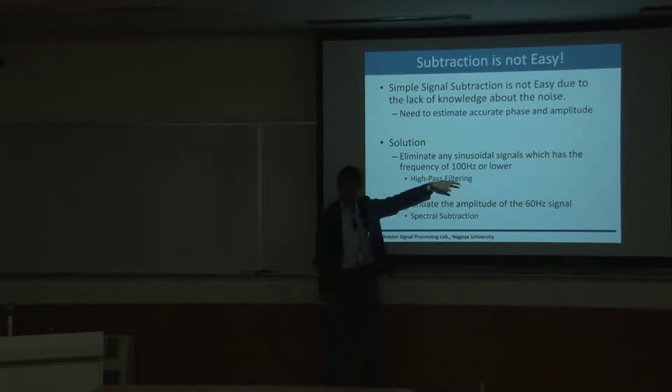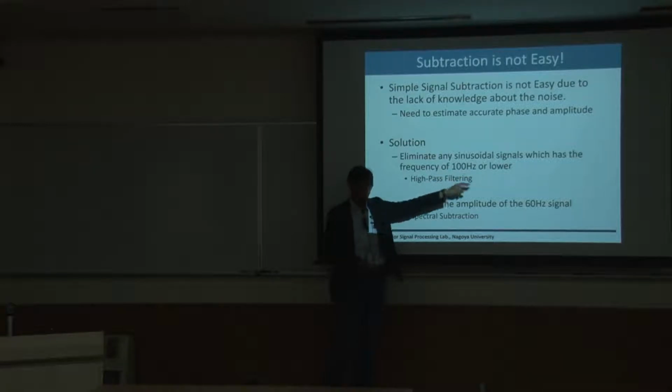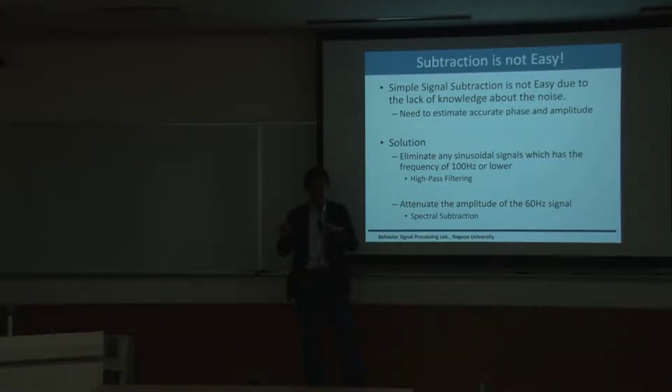For instance, for the power supply noise case, 100 Hertz. So you lose the information of the signal in this very low frequency region, but you get a very accurate estimate of the original phenomena in terms of the higher frequency behaviors, more than 100 Hertz. This is called high-pass filtering.